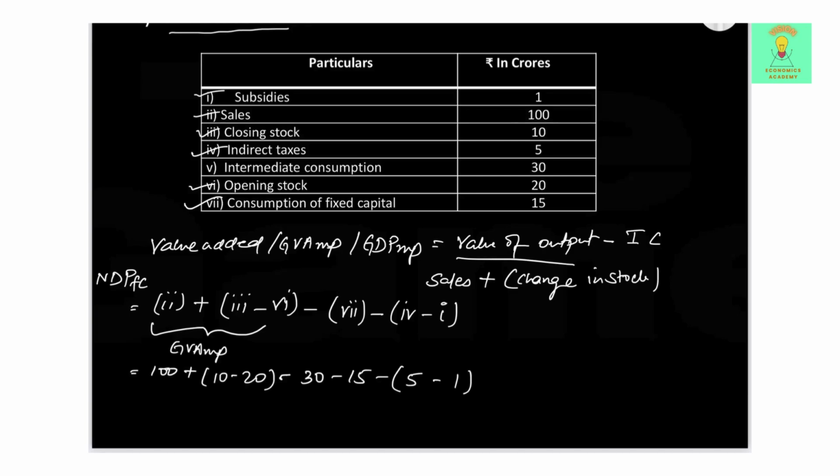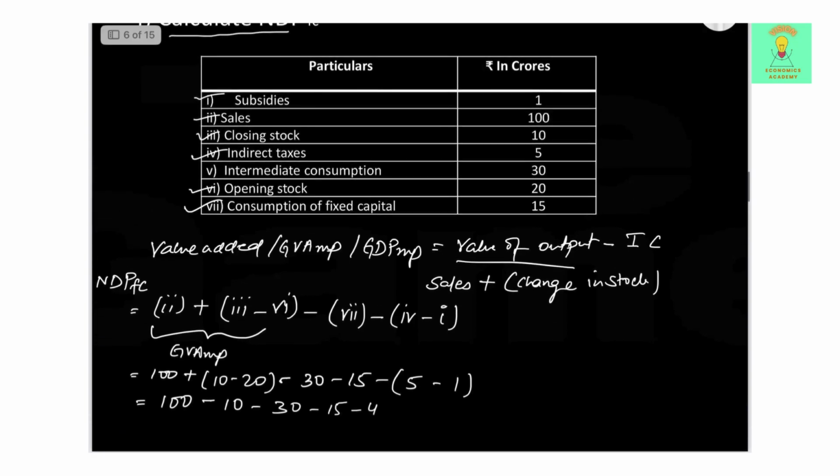All right, so 100 minus 10 minus 30, right, then minus 15, then 5 minus 1 is minus 4, right?